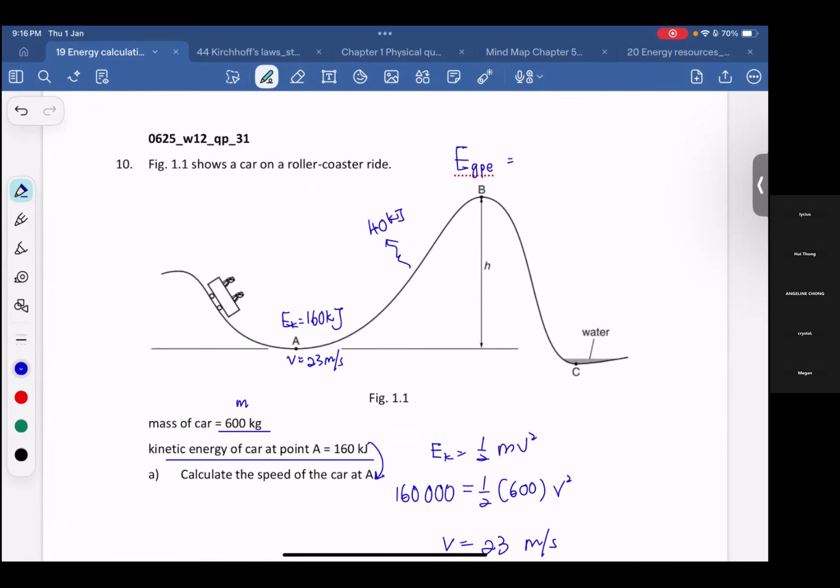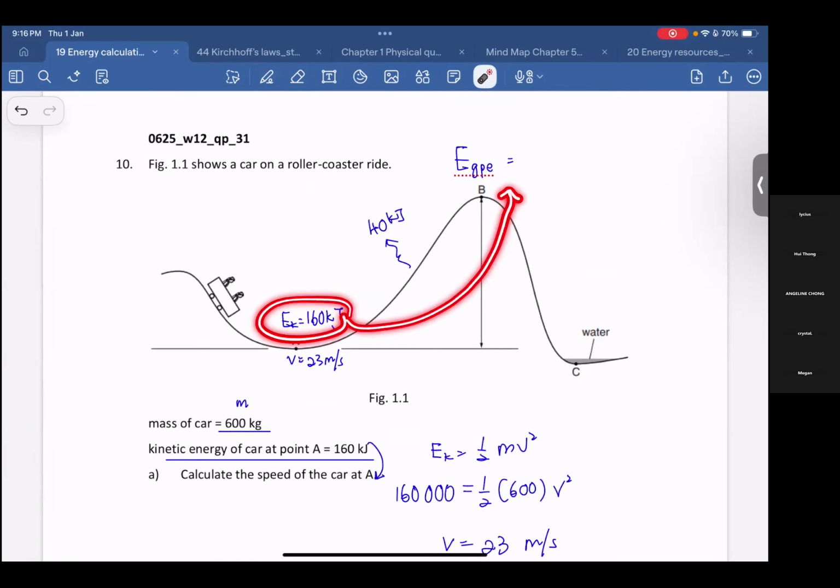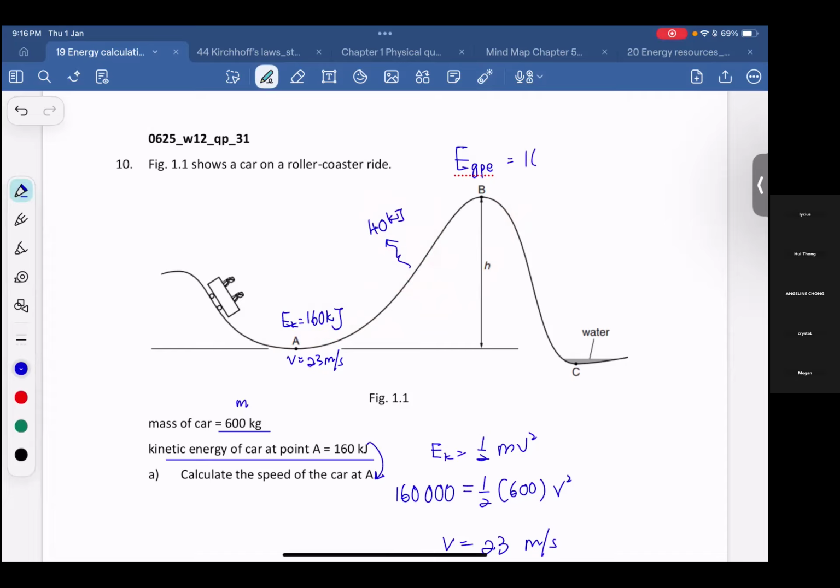So will I get a total of 160 kilojoule? My answer is no. Why no? Because there is some losing. So here I need to use 160 kilojoule minus the 40 kilojoule. Then the final here should be 160 minus 40 kilojoule. So it's 120 kilojoule.